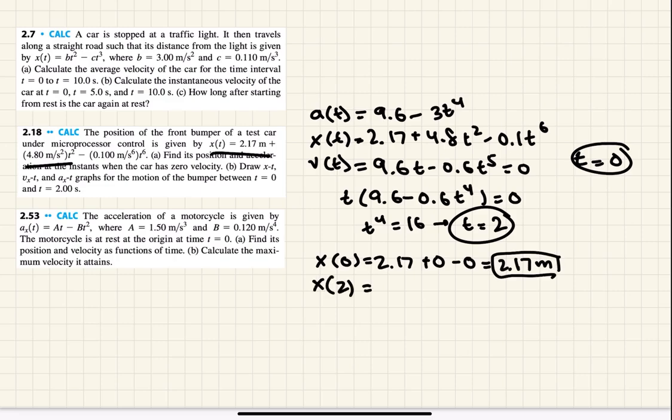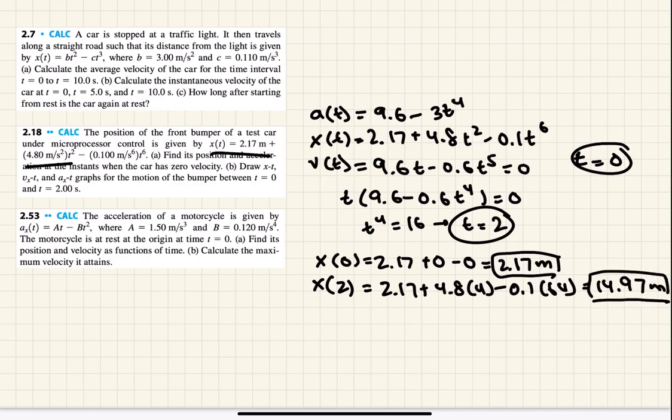X of 2 is going to be 2.17 plus 4.8 times 4 minus 0.1 times 2 to the power of 6, which is 64. That's going to be definitely harder to calculate than the first one. But when you plug it all in, you get 14.97 meters.